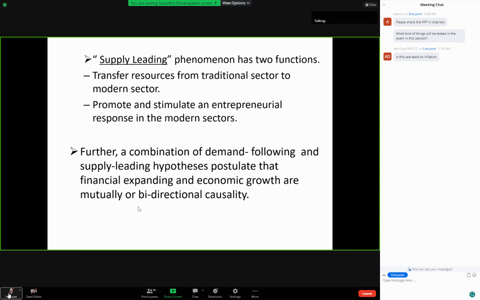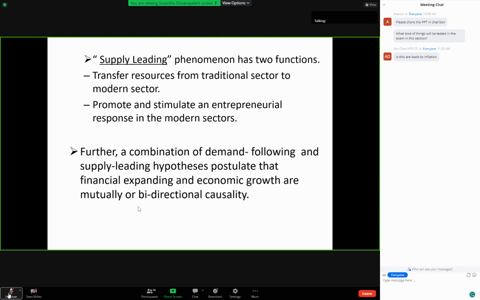Okay, we'll keep continuing. The next point: further, a combination of demand following and supply leading hypothesis postulates that financial expansion and economic growth are mutually or bidirectionally causal. So here they are saying, up to this level, demand following means first economic growth comes, then financial development happens.